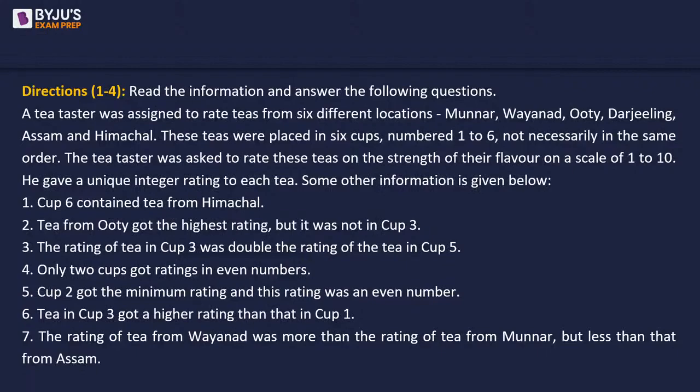Now, what you do in such scenarios is you count the number of parameters or the attributes. Okay. So here, one of them is location. The next one is the cup numbers 1 to 6.